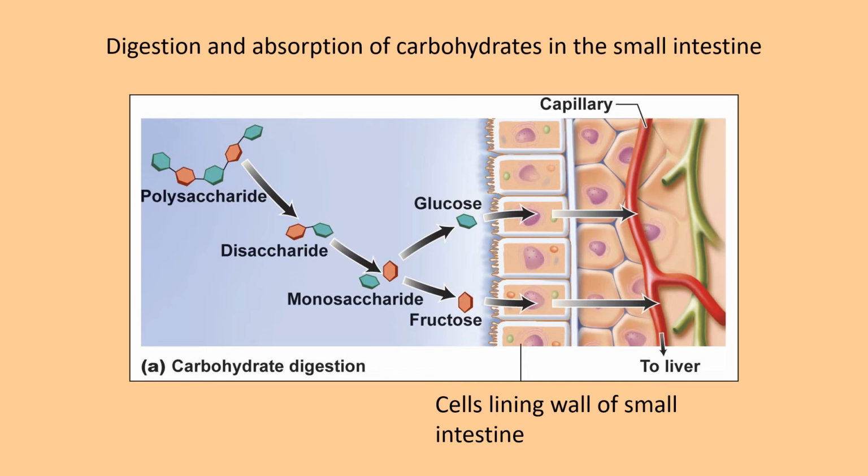And so these substances cross the absorptive cell and they move right into a blood capillary. So this is why if you eat food that's rich in carbohydrates, this is going to cause your blood glucose to rise. During absorption, that glucose moves into your blood. And fructose, by the way, is easily converted into glucose inside this epithelial cell.